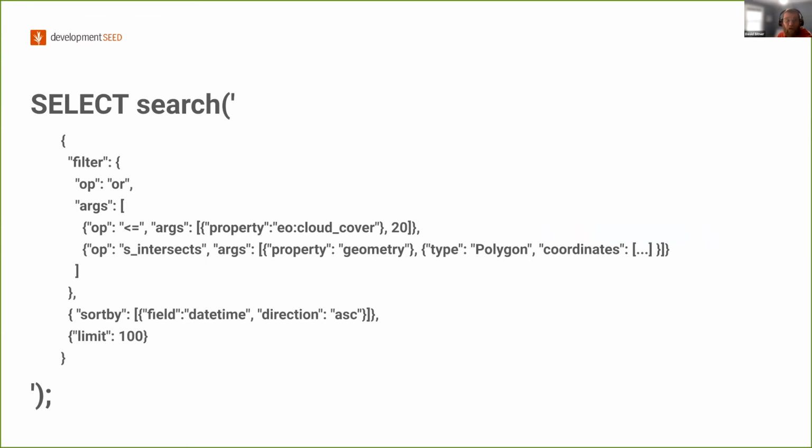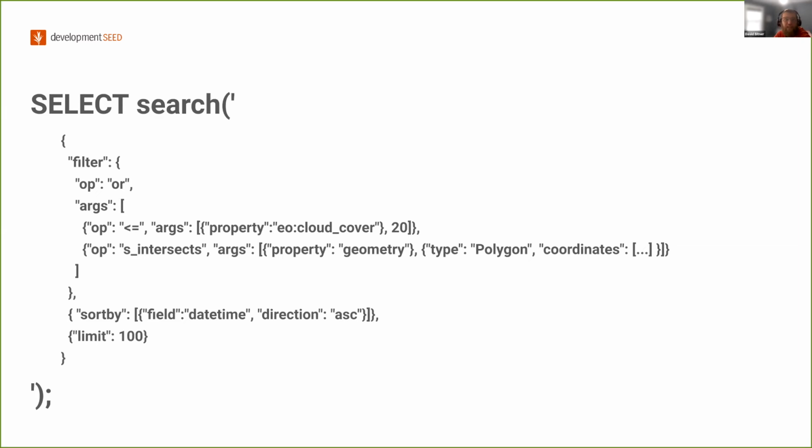Here's an example of how you would do a search in PgSTAC. The search is returning a JSON feature collection. And in an example of a CQL search, the filter statement can have nested conjunctions, ors or ands, as well as different operations nested as deeply as you want.